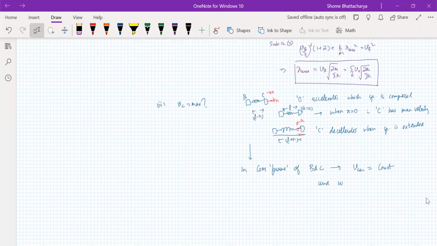And with respect to the center of mass, B and C oscillate. So if we are at the center of mass, therefore traveling at VCM, what we'll see is that B and C, with respect to the center of mass, go back and forth like this. They oscillate like this.